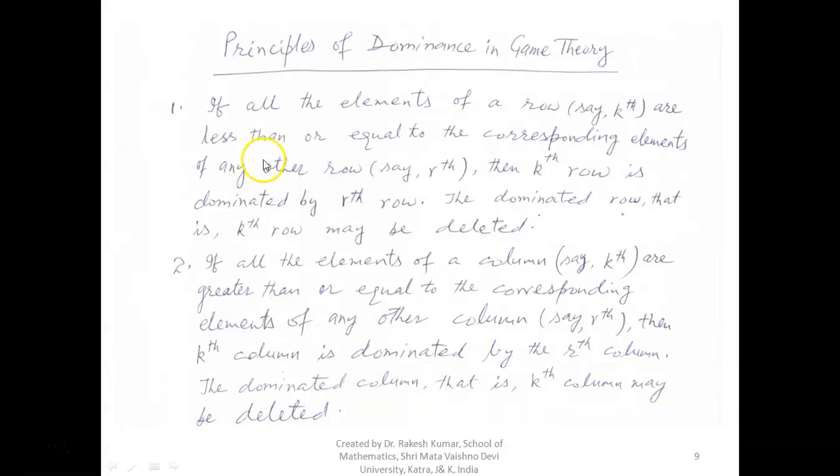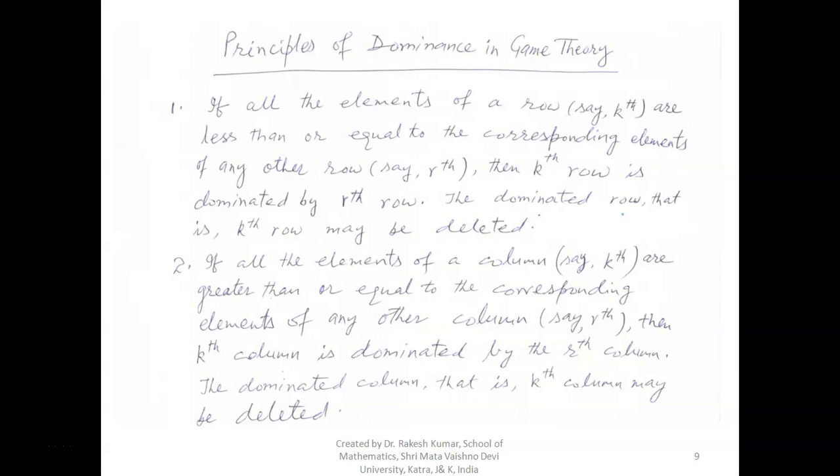Next topic is principle of dominance in game theory. So what happens sometimes, the saddle point is not possible and the game is quite big in terms of its payoff matrix, and then how to solve in those cases, the inferior strategies are dropped or eliminated from the payoff matrix.